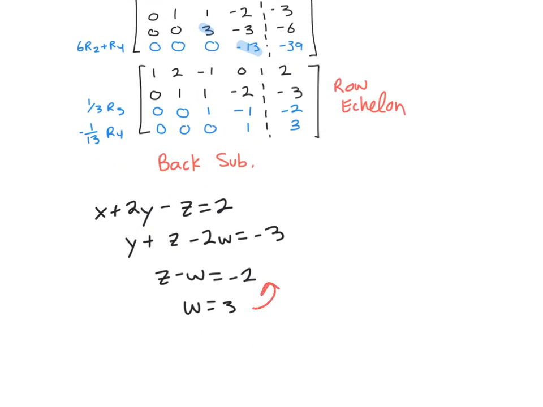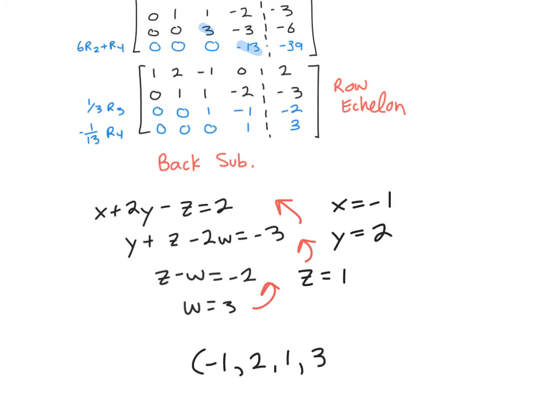If I substitute this in here, we get z equals 1. And I could substitute that in here, and we get y equals 2. And then we can substitute up to here, and we get x equals -1. So our final solution is -1, 2, 1, 3.